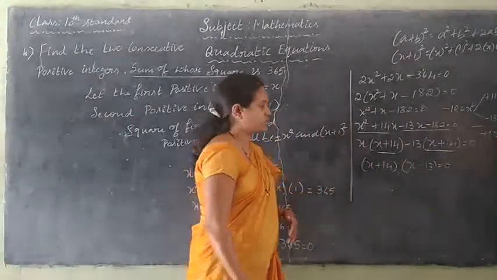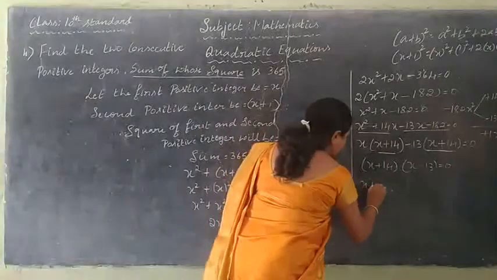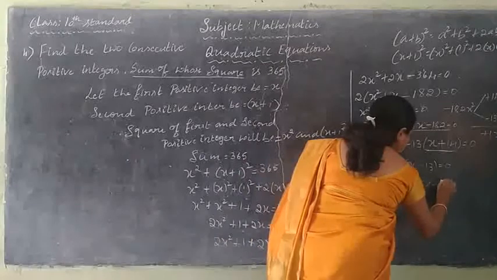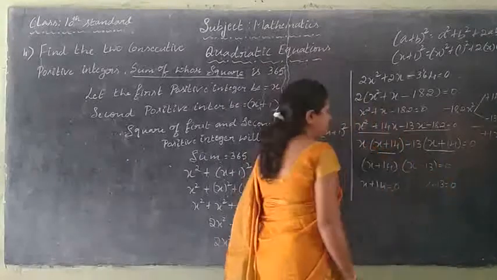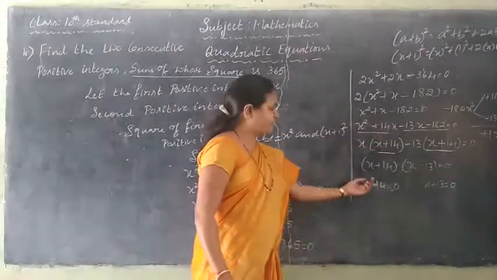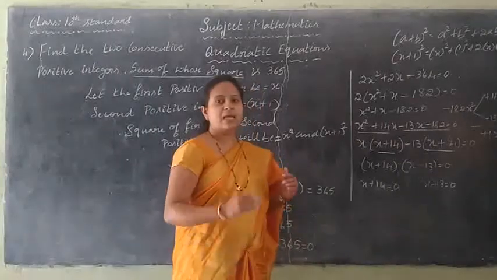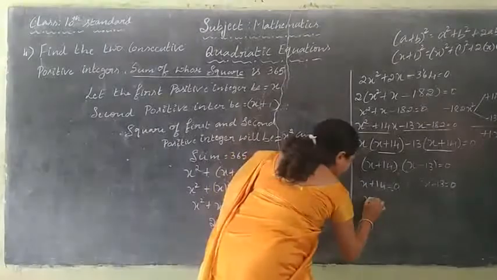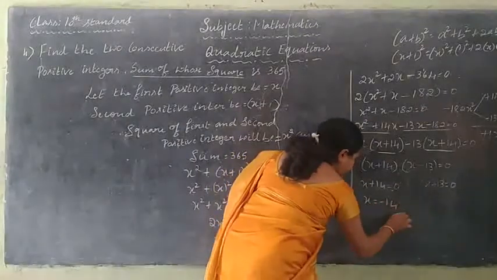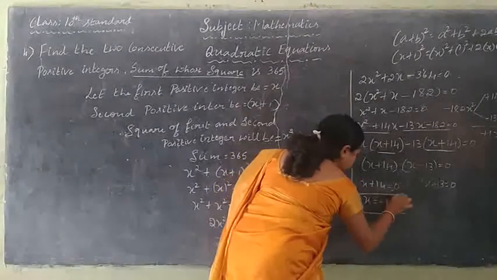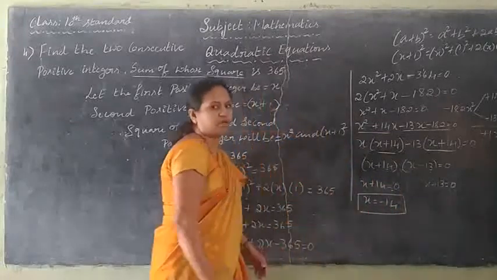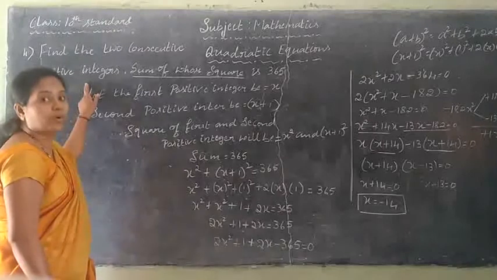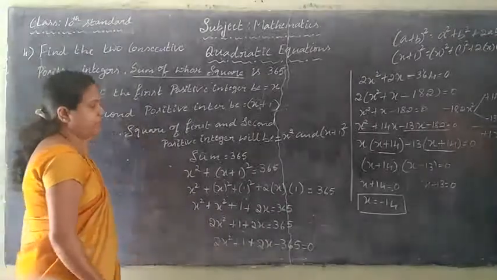Now, we equate it to 0, children. x plus 14 is equal to 0, x minus 13 is equal to 0. Now, x plus 14 is equal to 0 is there. Transfer that plus 14 to right hand side. positive integers, not negative integers.